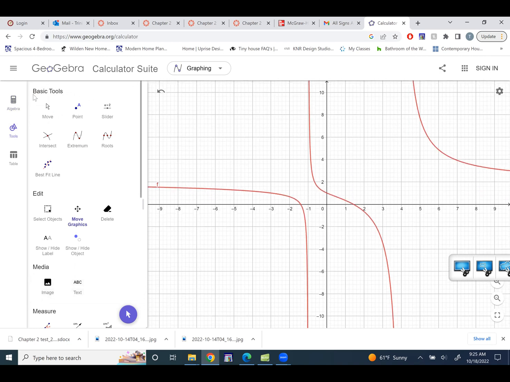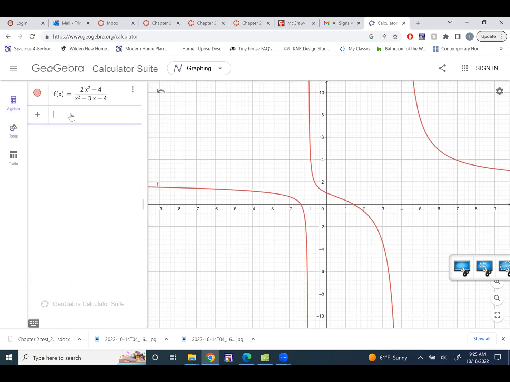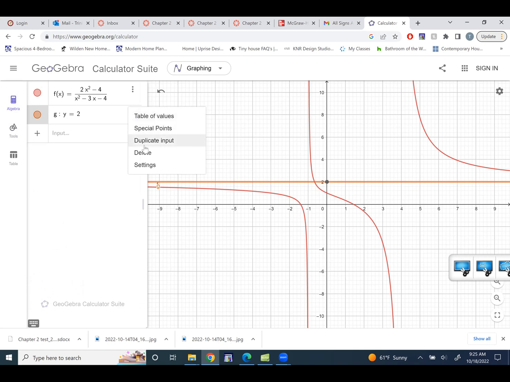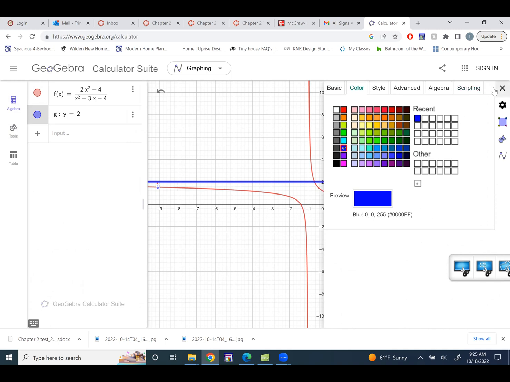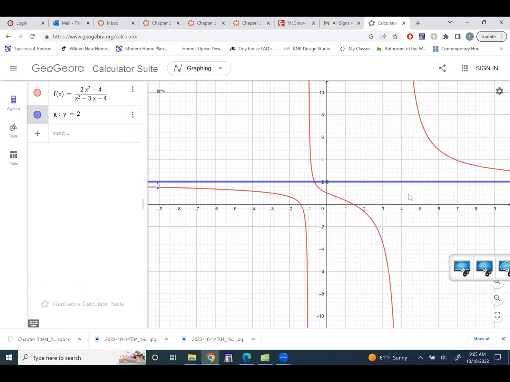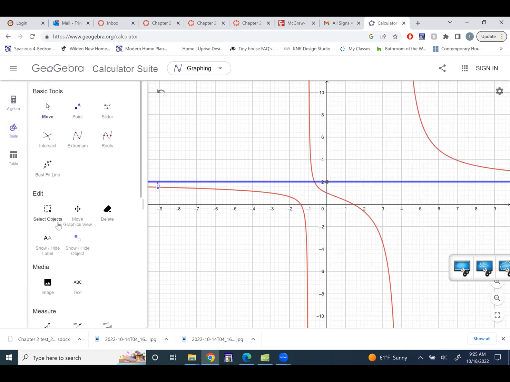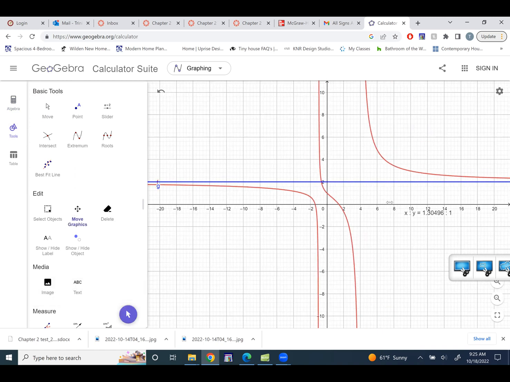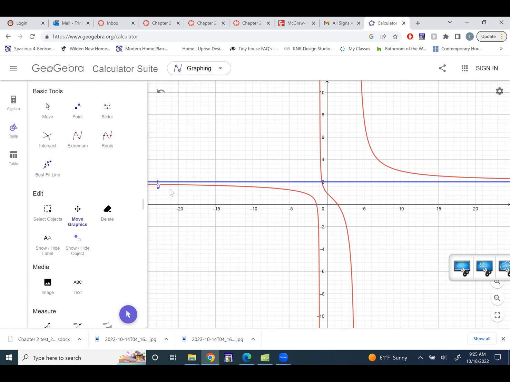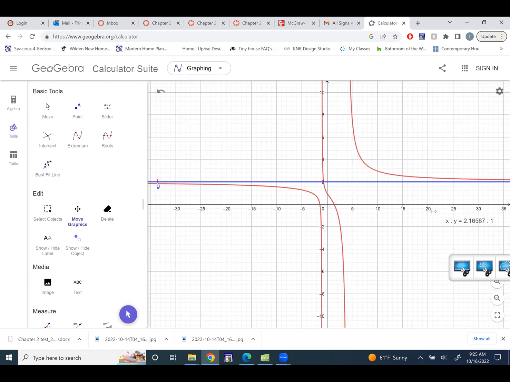First thing I want you to notice is that y equals 2 really was our horizontal asymptote. There it is. Let me make that blue. Let me shrink down the x-axis so you can really see it approaching that line. Look how close it is to that line over here, and over there. If I shrink it even more, it just gets closer and closer.